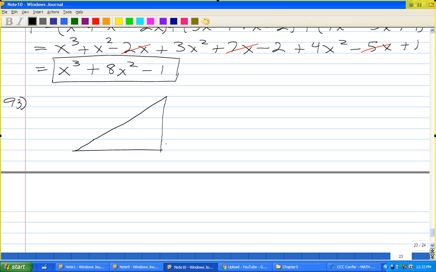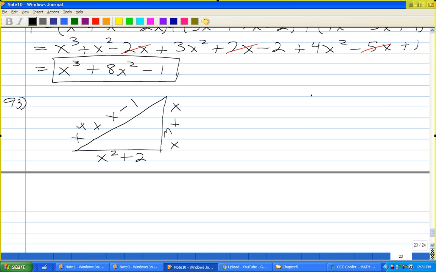X cubed plus x, x to the fourth plus x minus 1, and x squared plus 2. Maybe I'll make that x cubed plus x. Okay. So it says, find the perimeter of the right triangle.